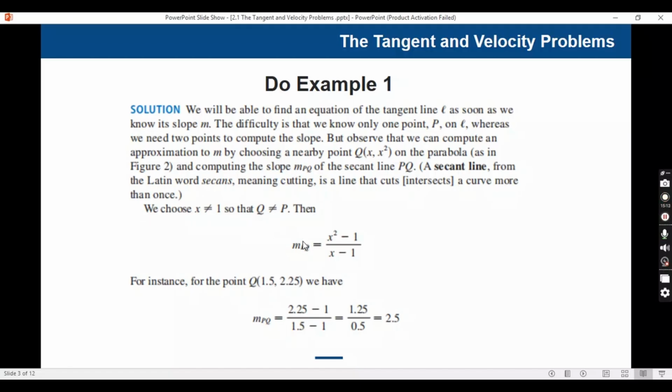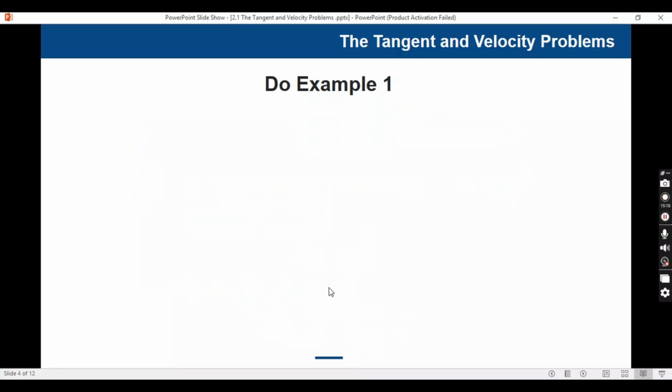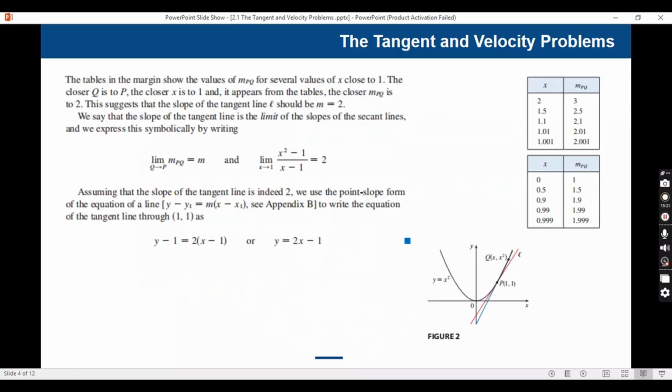So we can see this. I think these are just explaining.